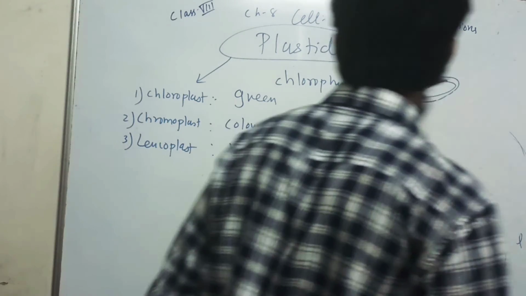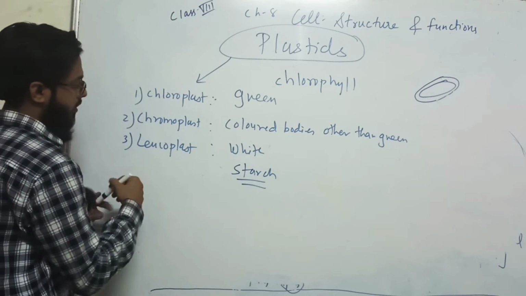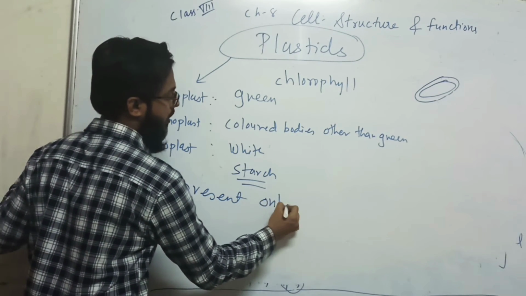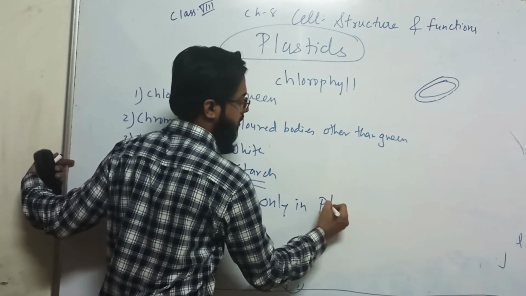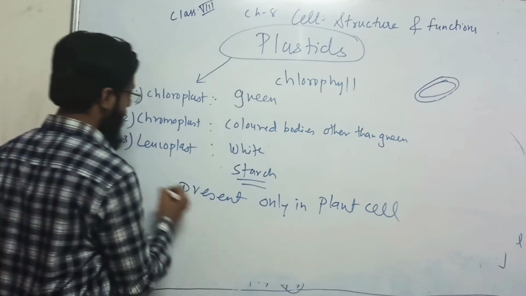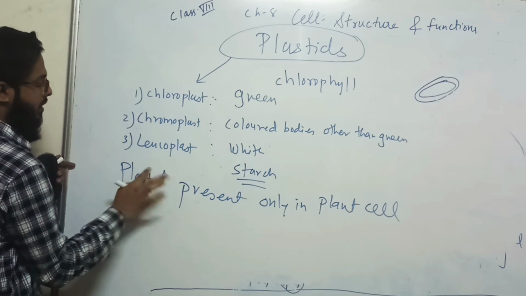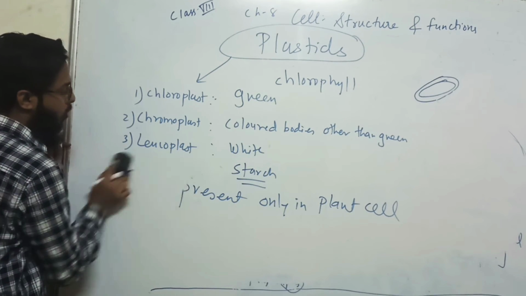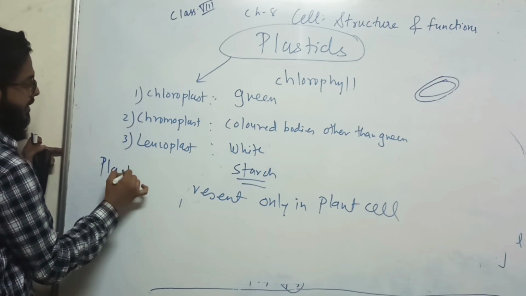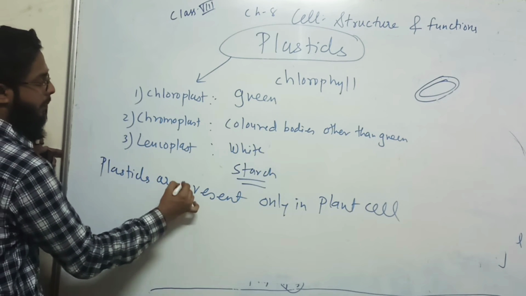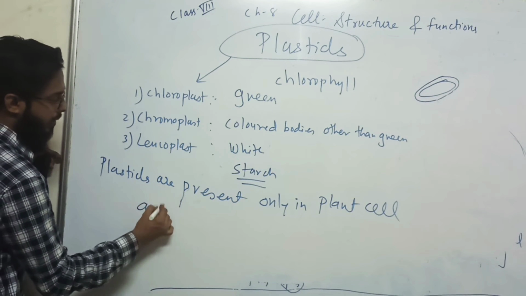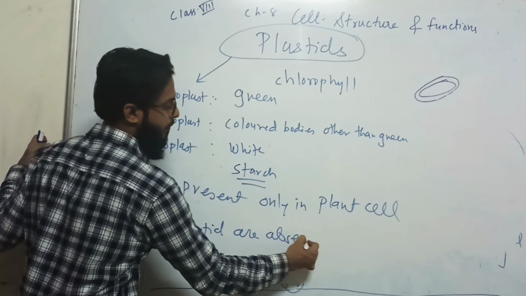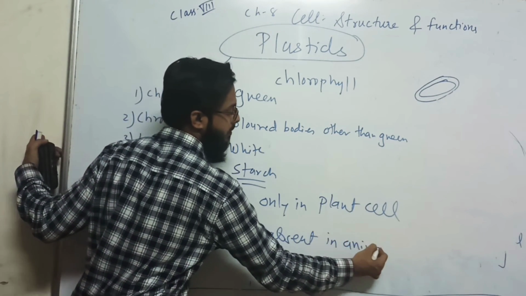Now these plastids are present only in plant cells, and plastids are absent in animal cells.